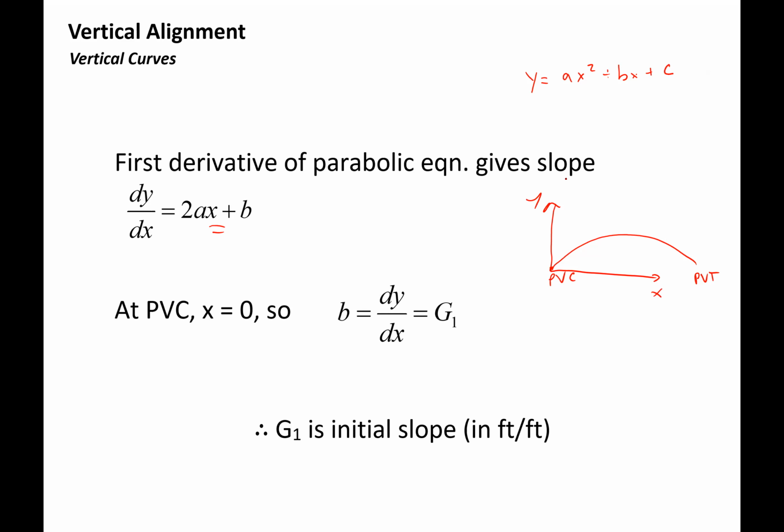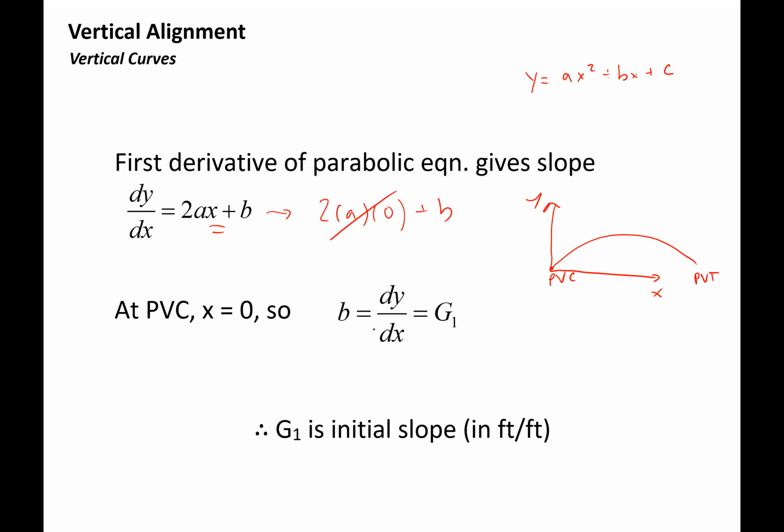When x is 0, I'm sitting on the PVC. I haven't moved anywhere away from the PVC. So at that point, if I put a 0 into this equation, I've got 2 times A times 0 plus B. This term's going to drop out, and I'm left with B. And dy/dx is equal to B.